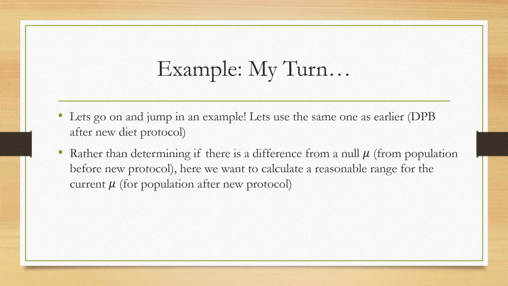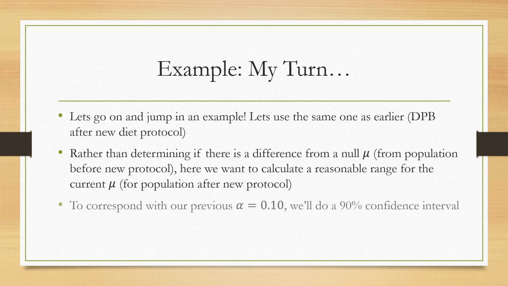Now we're just looking for the reasonable range of diastolic blood pressure for our current patients, the patients after the protocol. And I say patients, it's the population. It's not just the patients I'm studying, it's everybody who would participate in this protocol. So to correspond with our previous alpha of 0.10, we're going to do a 90% confidence interval.